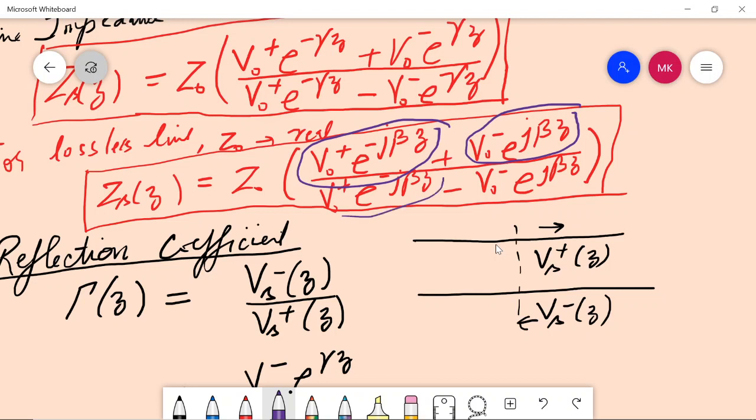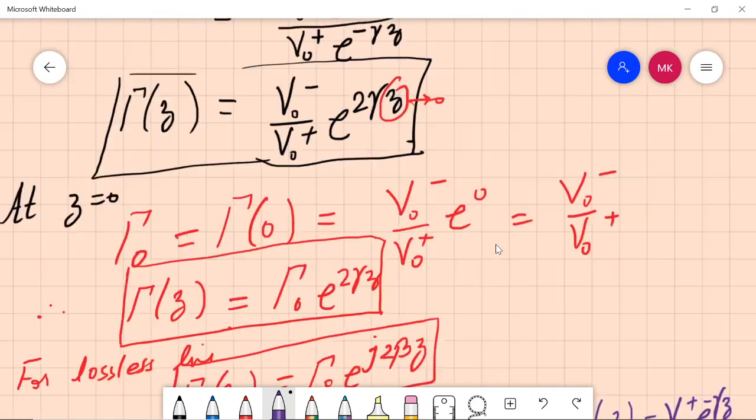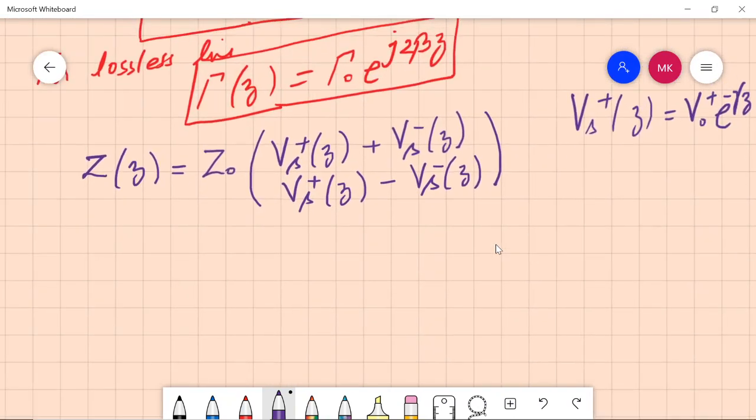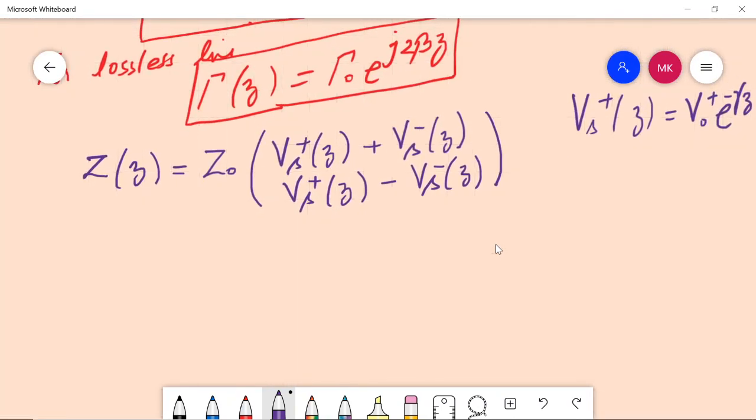Similarly, this is the incident voltage wave and this is the reflected wave. So these two are the same, and a minus sign. So we can write this as a, divided by this one. Now we already know what is the reflection coefficient.